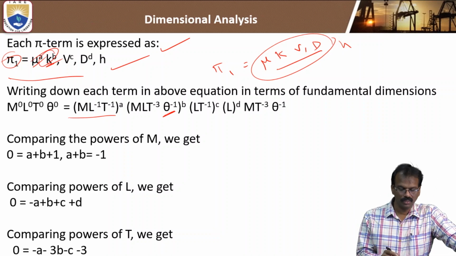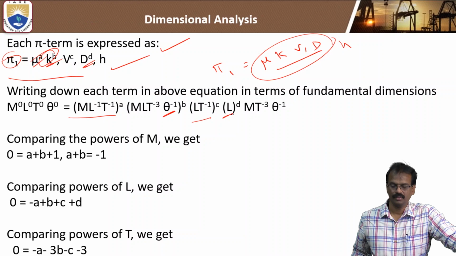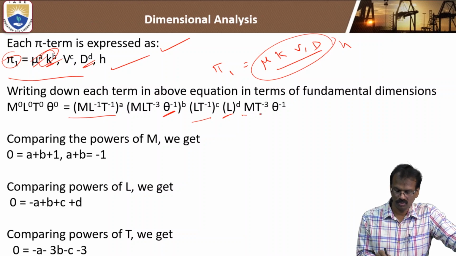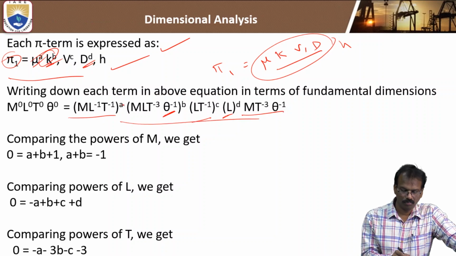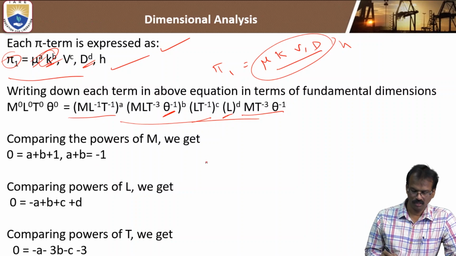Similarly, velocity L T minus 1, diameter, the length L. Last is the heat transfer coefficient M T minus 3 theta minus 1. So here the powers a, b, c. By using these powers, you can find the a value and b value.